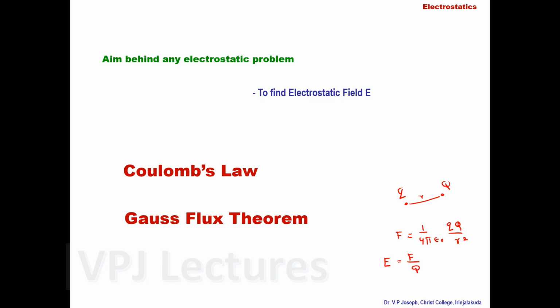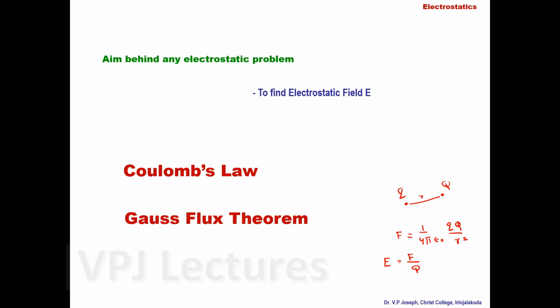That is, in the charge region, we consider a closed surface and find the normal component of electric flux emerging through it, that is the closed surface integral E dot ds, and we equate that to the total charge within the volume divided by epsilon 0.